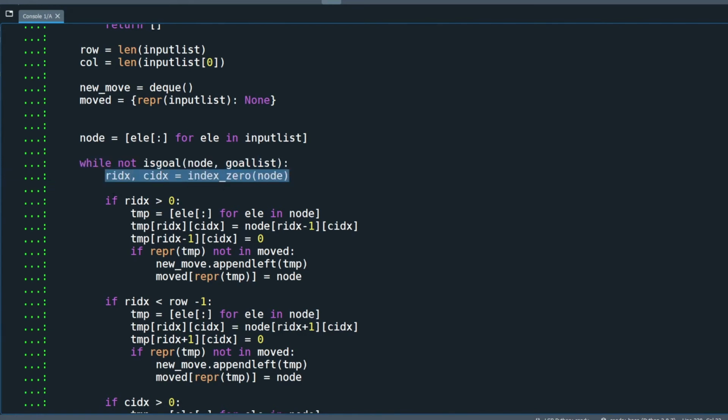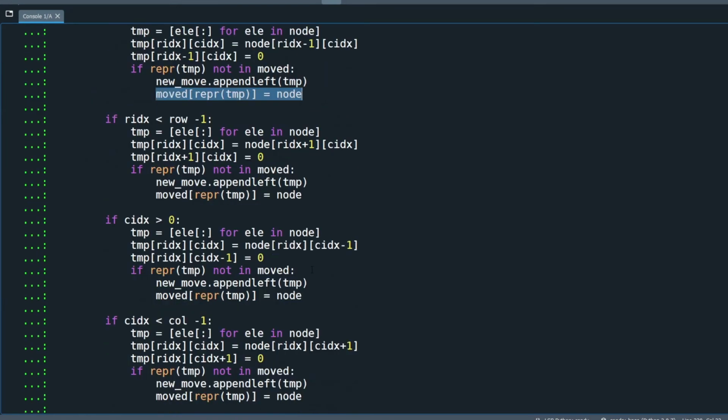If number 0 is not on the first row, it means it can move down. If this down move hasn't been done before, we proceed this move. So append it to the left of the deck and add it in the dictionary.